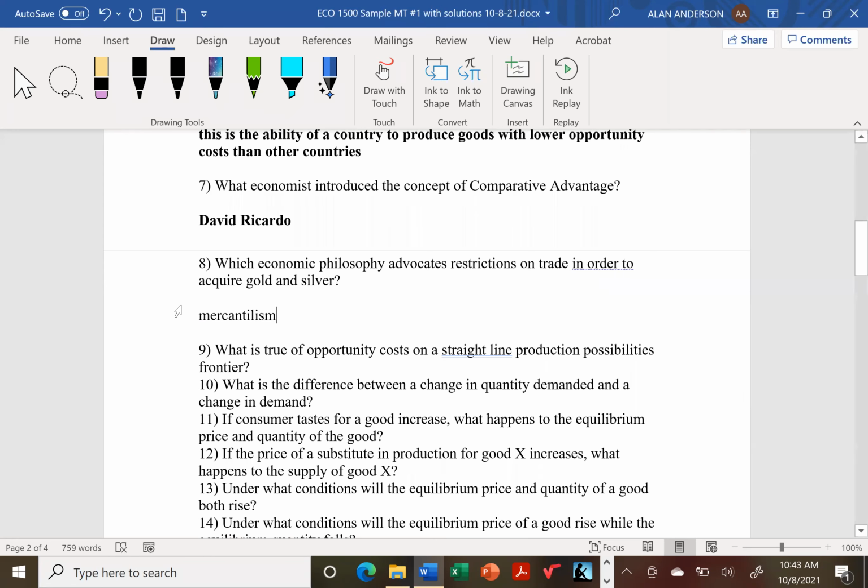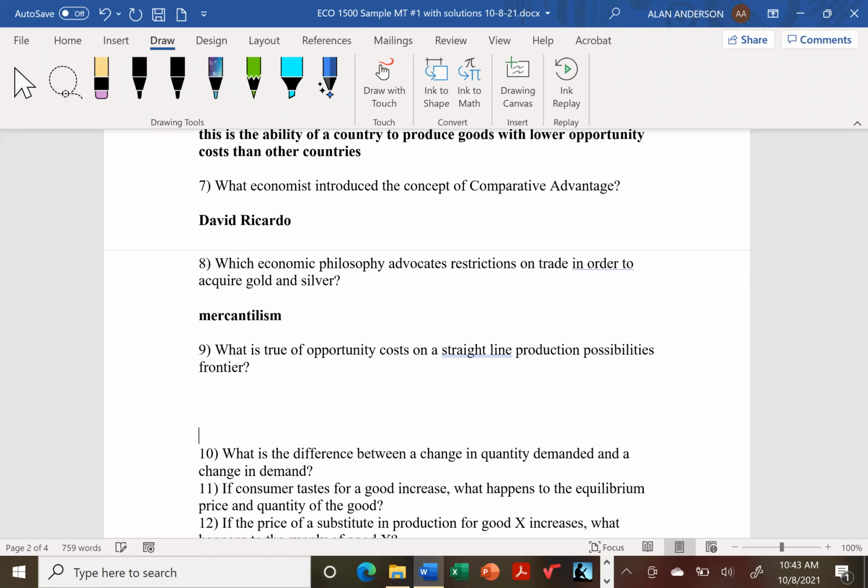Remember, that's what Adam Smith was reacting to when he wrote his book, The Wealth of Nations. He was saying how foolish that philosophy is because no countries will trade with each other if they feel like they're being exploited. But that's what mercantilism is all about, exploiting your trading partners in order to acquire their gold and silver. And that's why these countries are always at war with each other. And there's a reason for that, because they're trying to take advantage of each other.